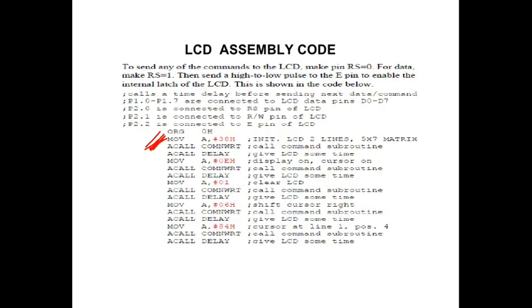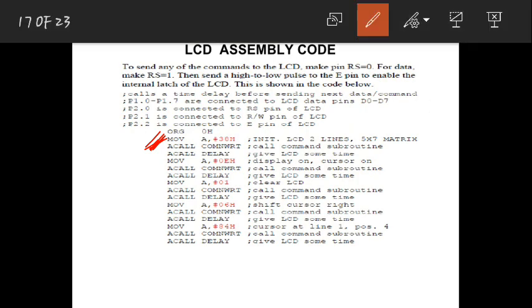Since these are common, that common set of lines I am writing in one subroutine, called COMNWRT. I have given some name; instead you can give a short name, COM, which means command.